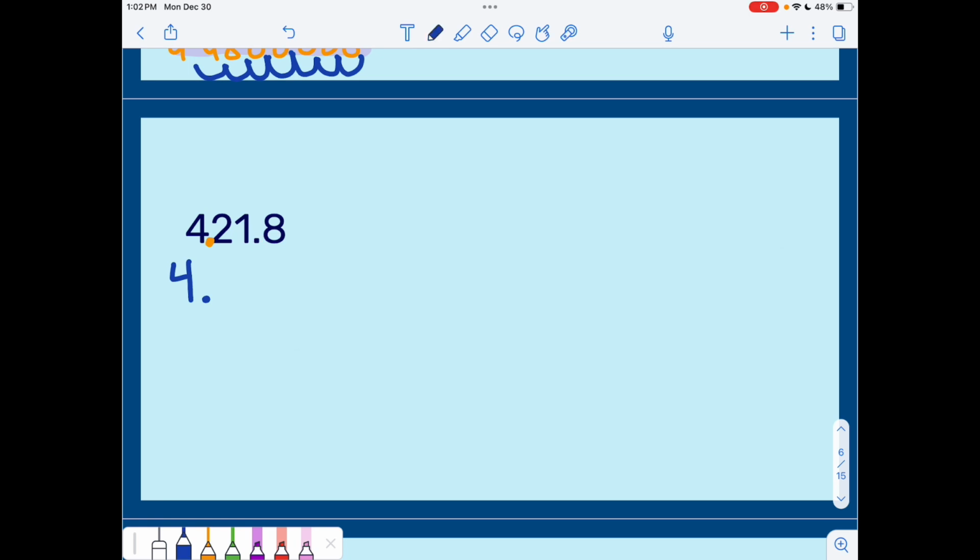So if we move this, it would be 1, 2. So if we take 4.218 times 10 squared, that's how you would transition. This would be the scientific notation of the standard value. So that's the scientific notation value of 421.8.